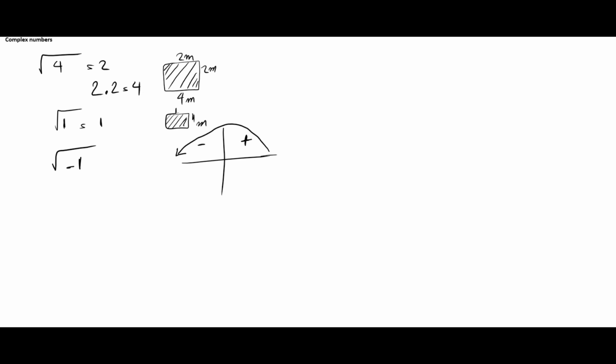What number multiplied by itself would bring me here? It is not a number, it would be an element.